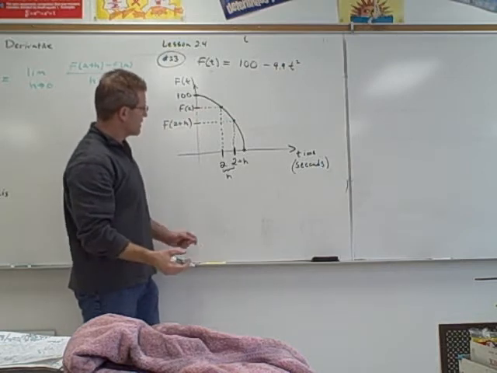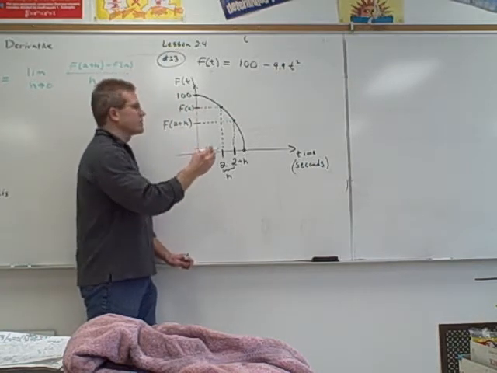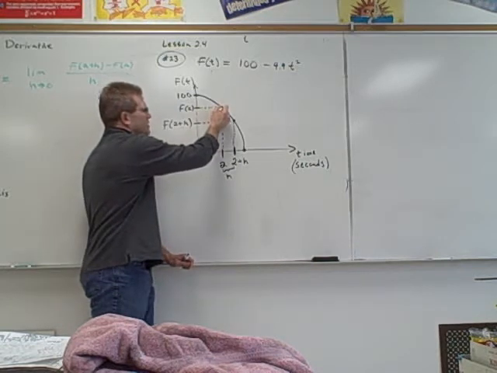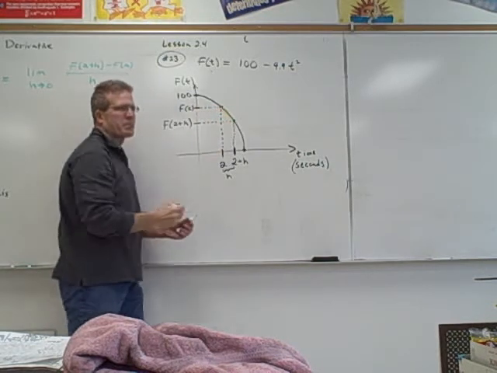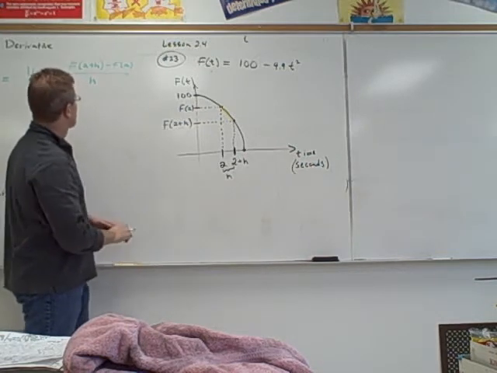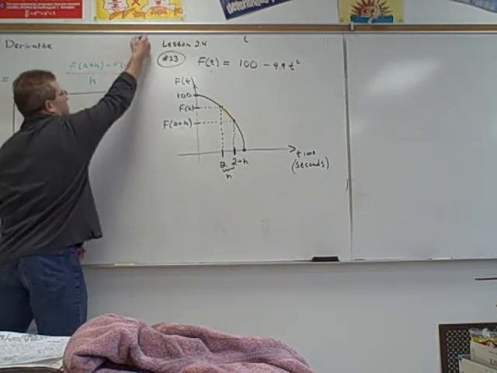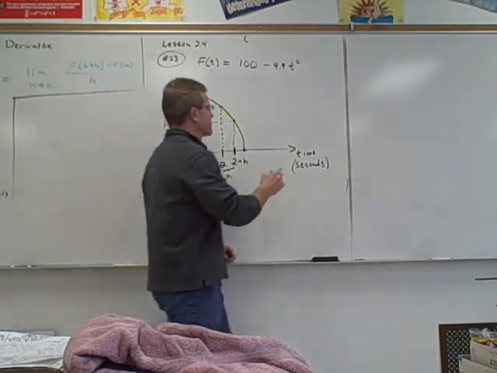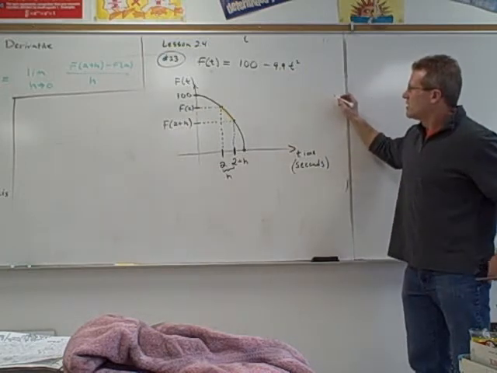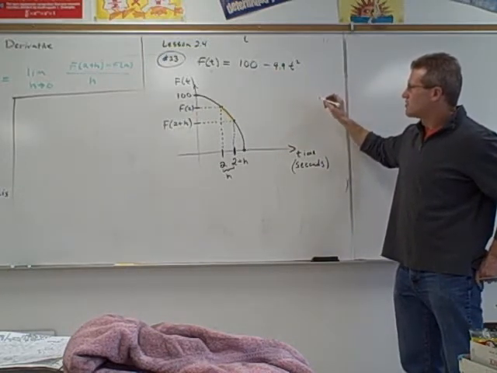So to get this slope, which we know is going to be in meters per second, we want to find this slope right here. So slope, of course, is rise over run. So what we'll do, squeeze it in right here, I think. Number 23. Actually, I need to go over here so it's on the camera. Let's go ahead and put rise over run.